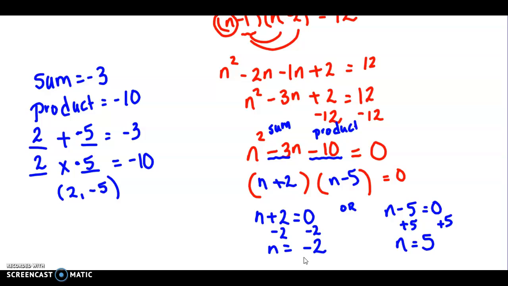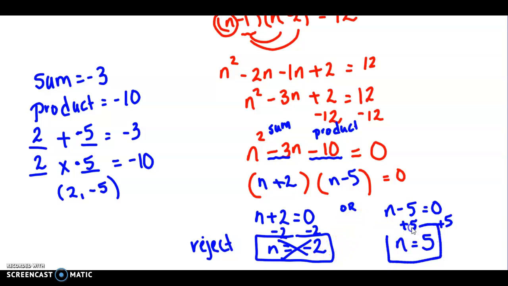That restriction tells us that n has to be a positive number. So finding a value of n equals a negative number, we have to reject that solution because n cannot be negative. Therefore, our solution is n equals positive 5.